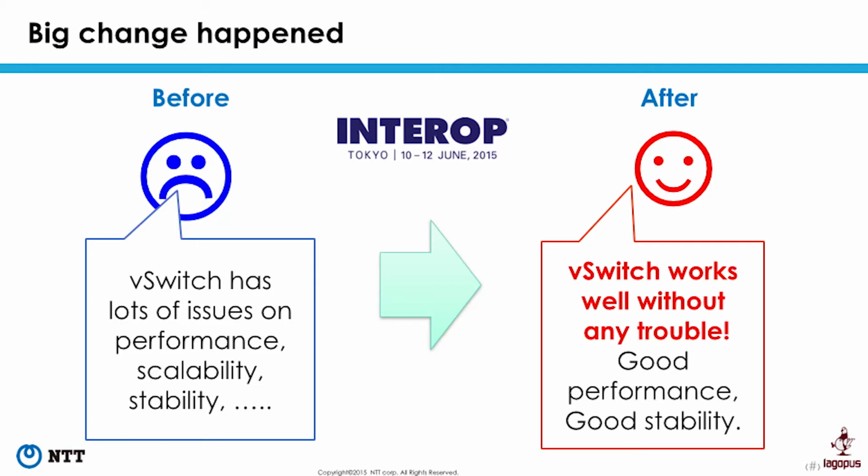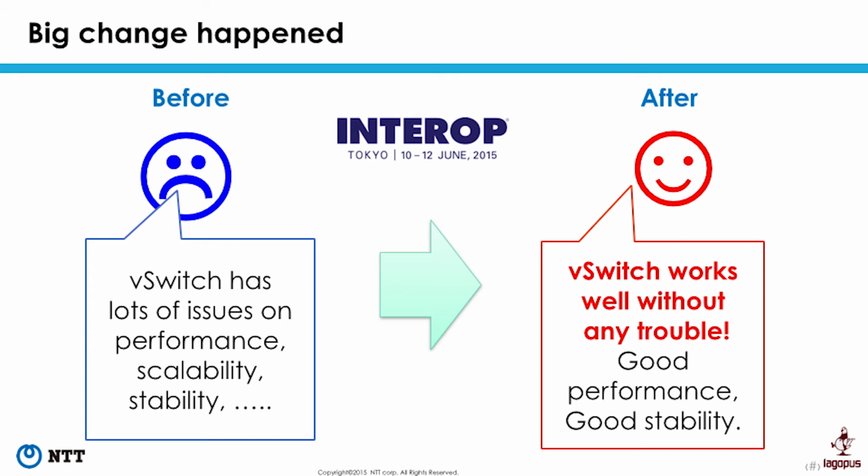And also, it was very fun to see the big change from before Interop Tokyo to after Interop Tokyo. Before Interop Tokyo, many network operators said vSwitch has a lot of issues on performance, scalability, blah, blah, blah.